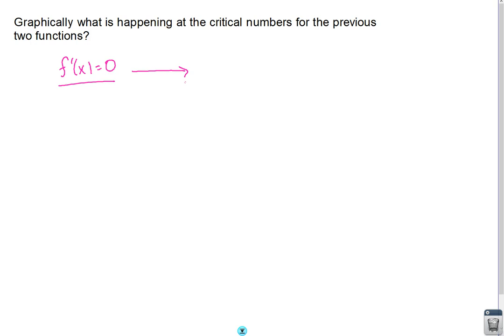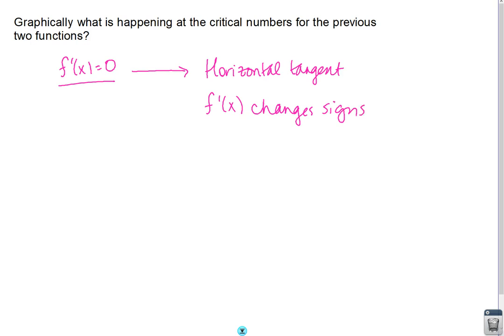When f prime of x is equal to 0, you've got a horizontal tangent, because the slope of your tangent line is equal to 0. Okay, in both of the last 2 questions we had, f prime of x changed signs. Now that was unique to these 2, the last 2 functions.